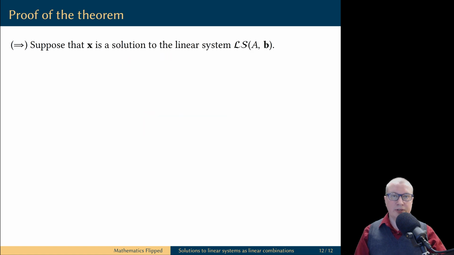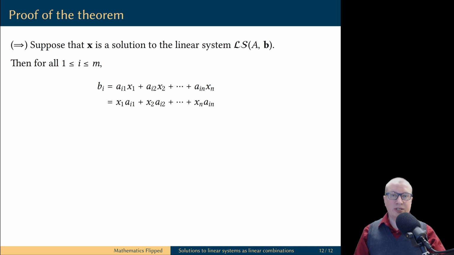In the other direction, we are now going to assume that the vector x is a solution to a linear system with A as the coefficient matrix and B as a vector of constants. In particular, vector x solves equation number i. Now, I am simply going to reverse our development from the previous slide.